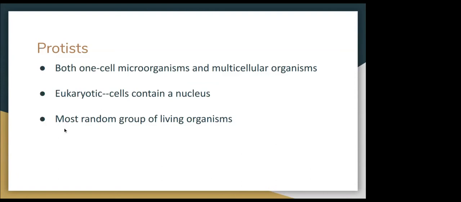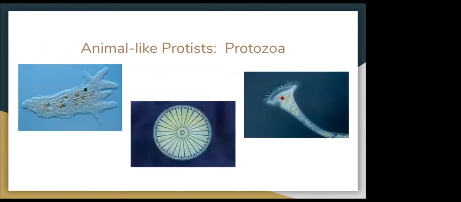They're really random. We have three different types of protists: animal-like protists, plant-like protists, and fungi-like protists. But for one reason or another, they didn't quite fit into those particular categories.